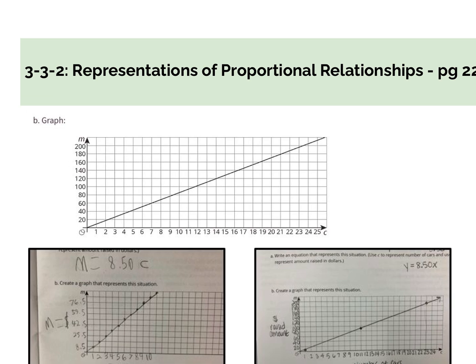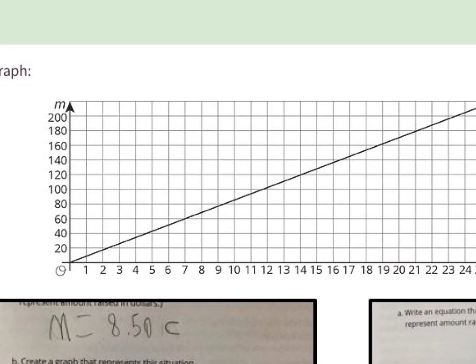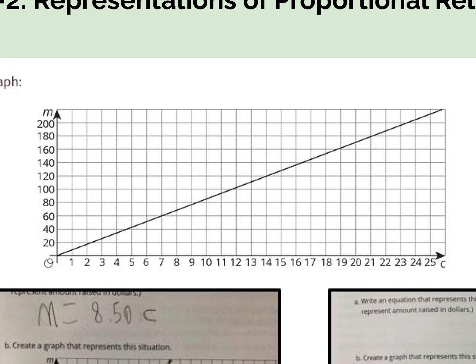All right, so there's a couple of graphs. Here is the first graph. Notice how on the bottom, it just goes up by 2s, and then these go up by 20s, because remember, one of the numbers is 193. Right now, these are kind of being estimated as far as where those points are.